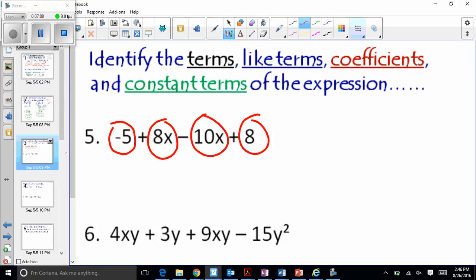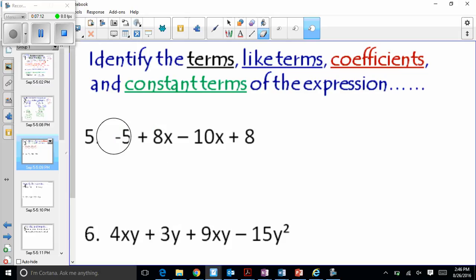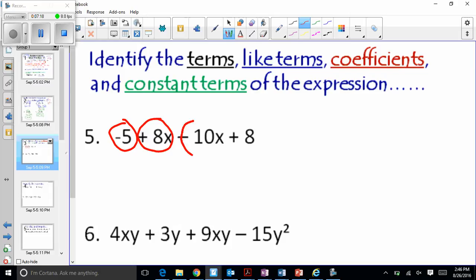If I could be even more specific, I'm going to circle them, keeping the sign with each term. That way I can move around. Whenever I move these terms around from one place to the next, they will always keep that sign, and that will help me to keep track and make sure that I don't lose some of the meaning of the expression.